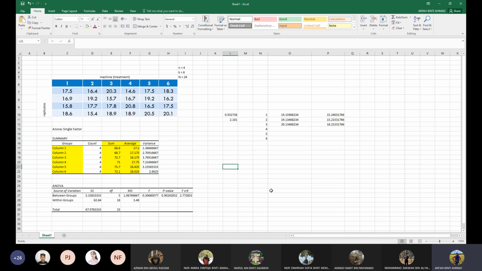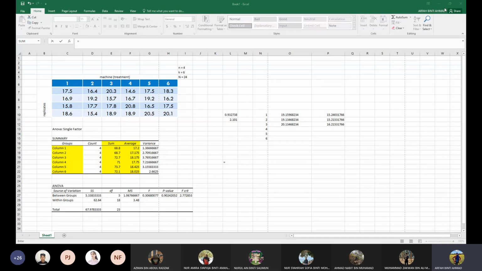Kau nampak tak Excel ni? Nampak. Okay. So tadi dia punya 4 dan 3. Formula dia, lepas tu dia ada 2.101, dan dia ada sama dengan, Allah, aku lupa formula.